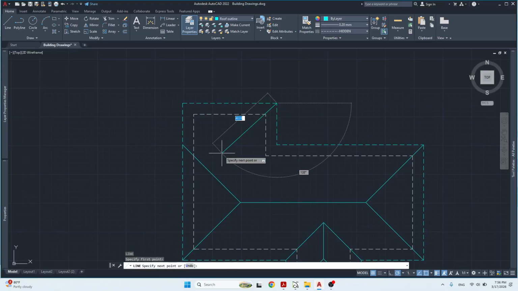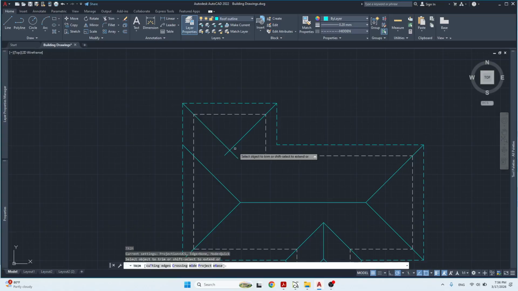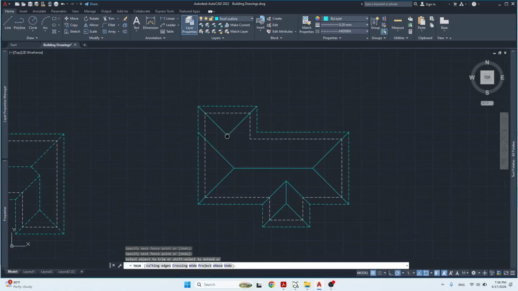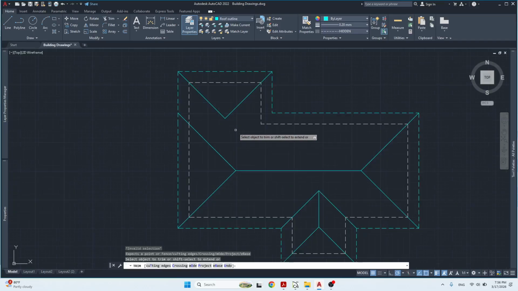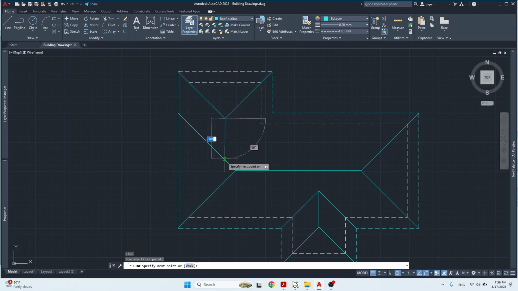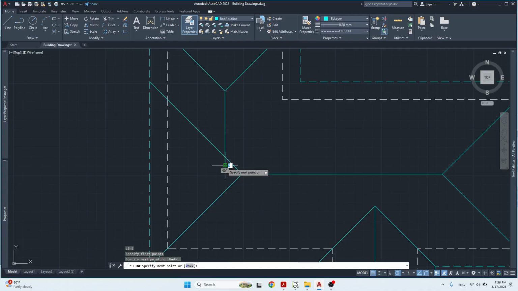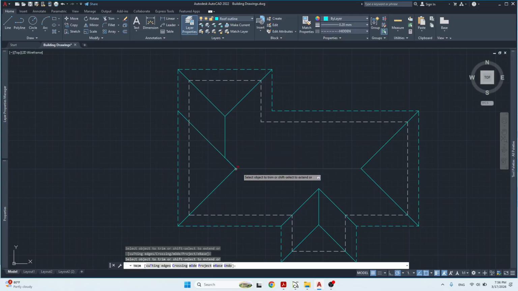We do this same thing, 45 degrees, 45 degrees. Going to trim this off, trim that off. Now remember we said where these two hip rafters meet, that's where our ridge is going to go, and this ridge is going to come forward until it hits this hip rafter. And once it hits the hip rafter, we are going to just get rid of the excess on this side, right?